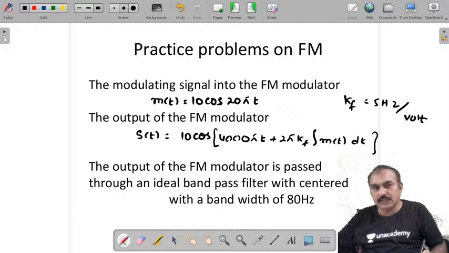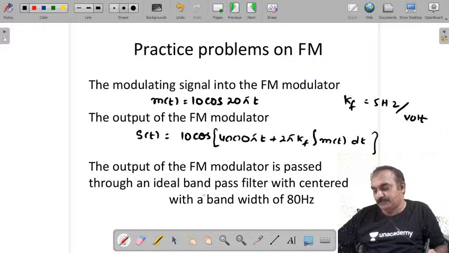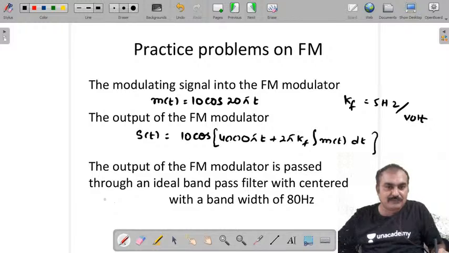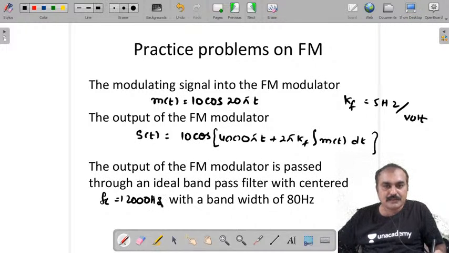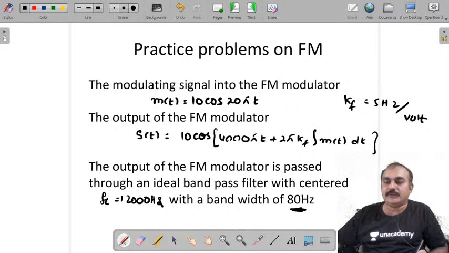The output of the FM modulator is passed through an ideal band pass filter centered at frequency FC equal to 2000 Hz with a bandwidth of, this is very, very important, my dear students, how much bandwidth we are going to use, that also he has given. How much is it? 80 Hz.